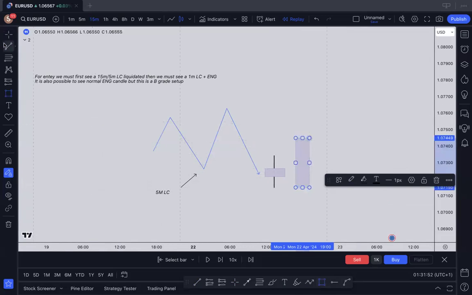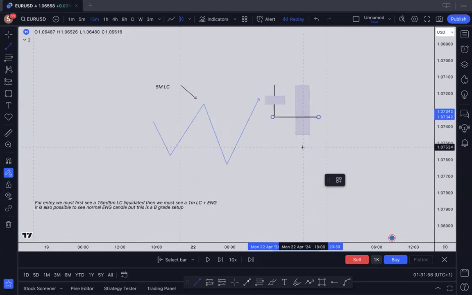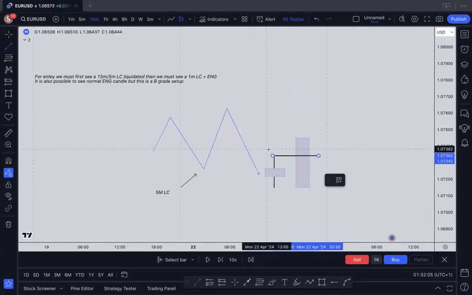Okay, so this candle must take out the high of this candle, or if we're in a bearish scenario, it must take out the low of this candle. Okay, this here is an A grade setup. Now, what if this candle here isn't a doji?